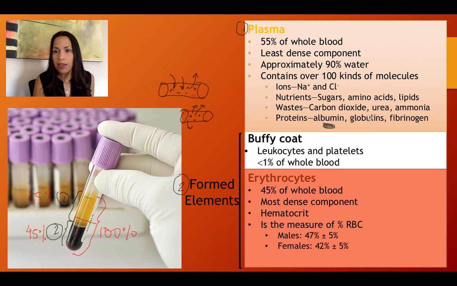Other important proteins are the globulins. Most of them are forming antibodies, which are related to the immune system. Those are the specific immunity that defends our body from specific antigens or pathogens. And fibrinogen is like a precursor.